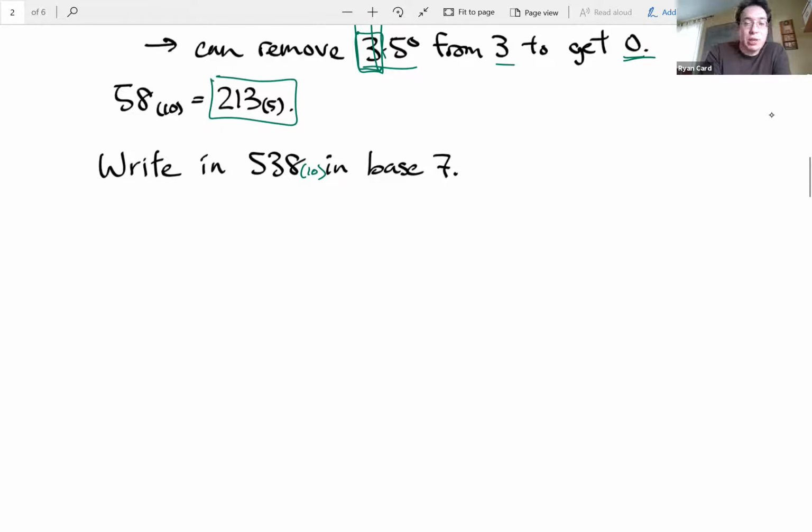Okay, so let's try to write this in base 7. So let's look at different powers of 7. So let's see. 7 squared is 49. I think I can make it bigger. So 7 to the 3rd power is 343.